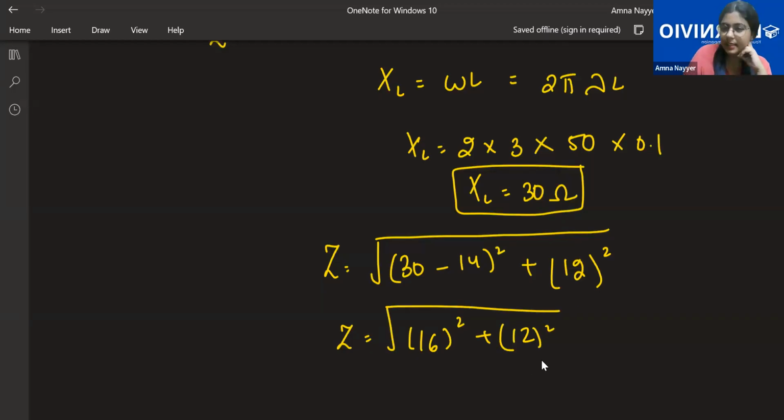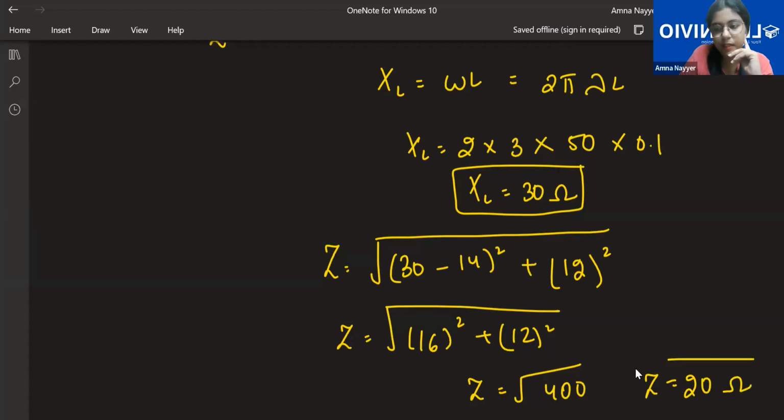Do 12 and 16 make a Pythagorean triplet? This is 256, this is 144, and the sum is 400. So 20 is the triplet. This is under root 400, which is equal to 20 ohm. So this is the value of Z that we've calculated.